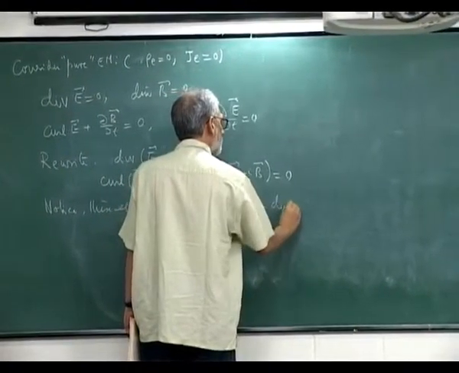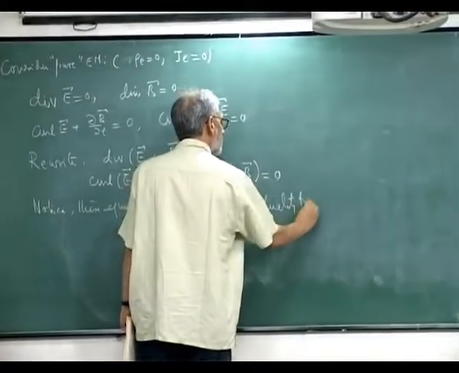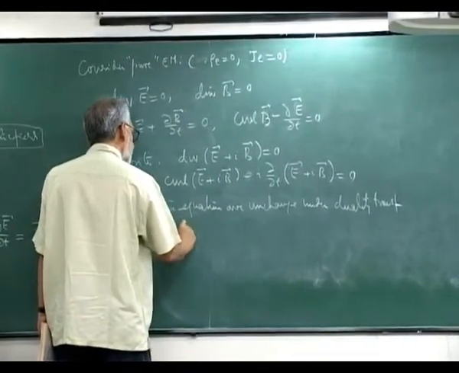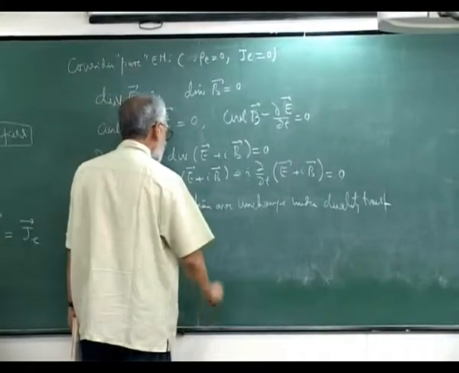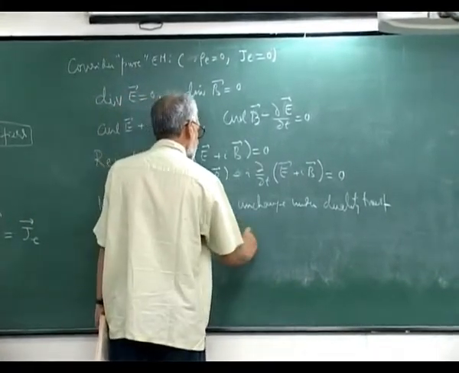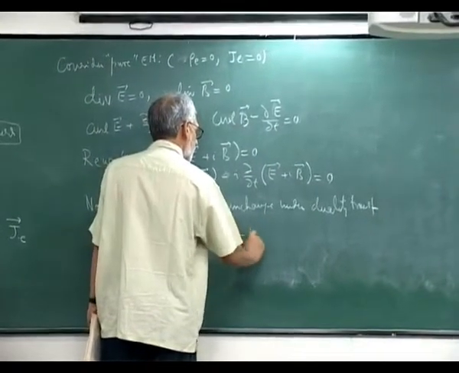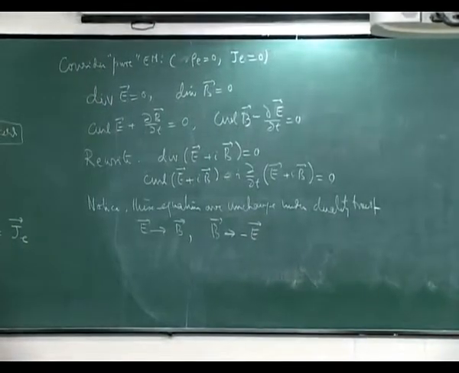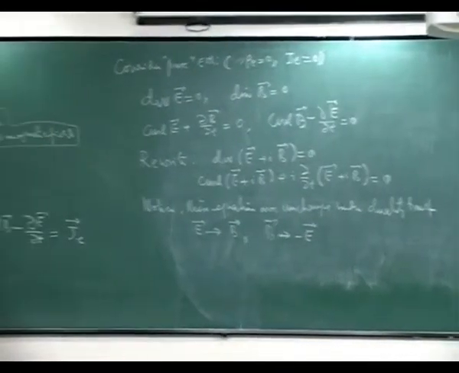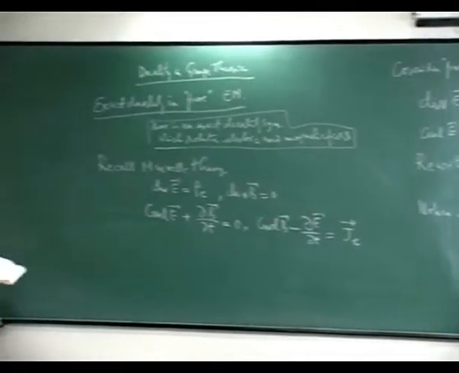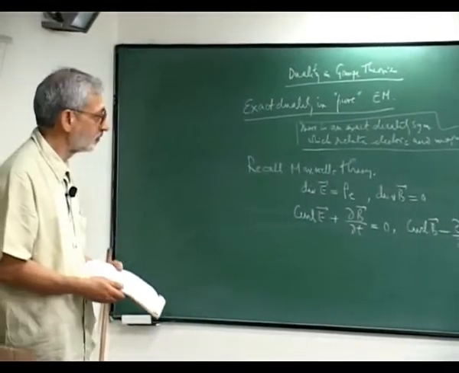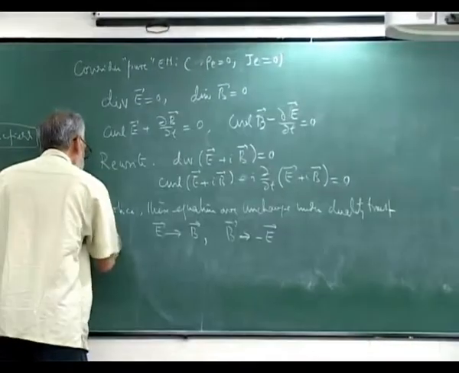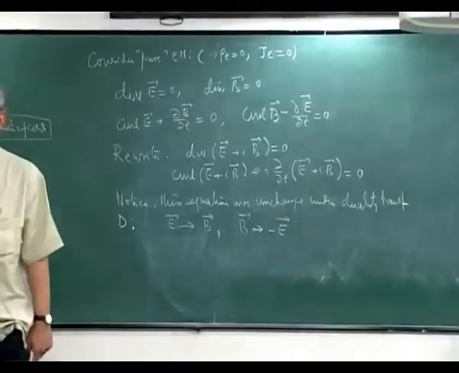Under the duality transformation, which takes electric field to magnetic field and magnetic field to minus electric field. So this is a duality transformation, and we give it a name D.